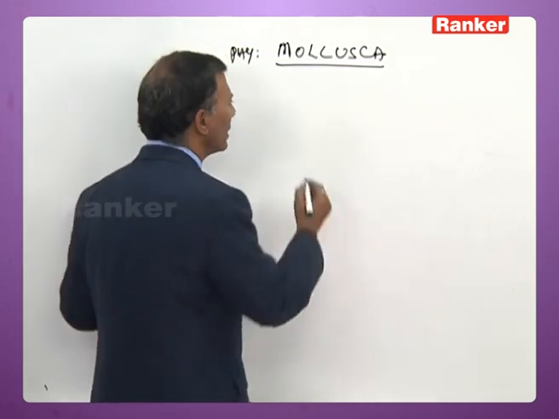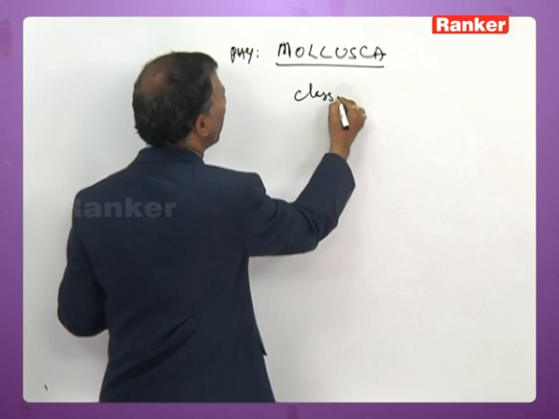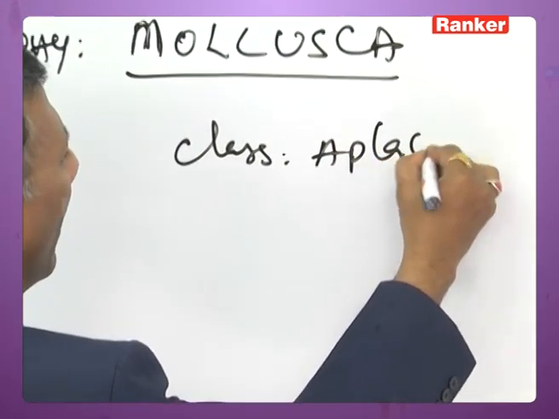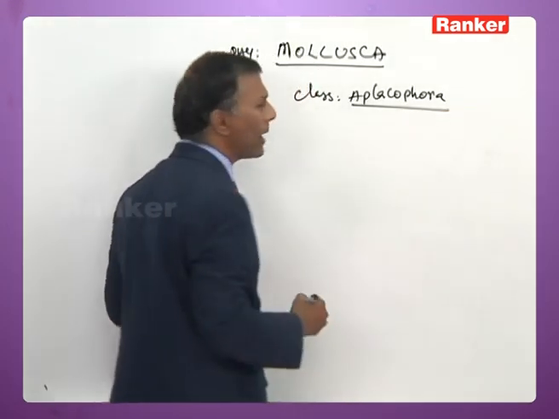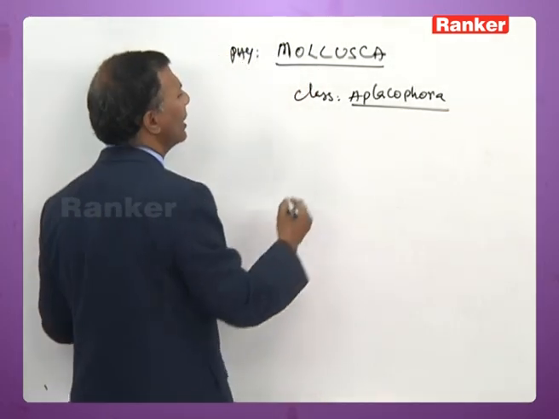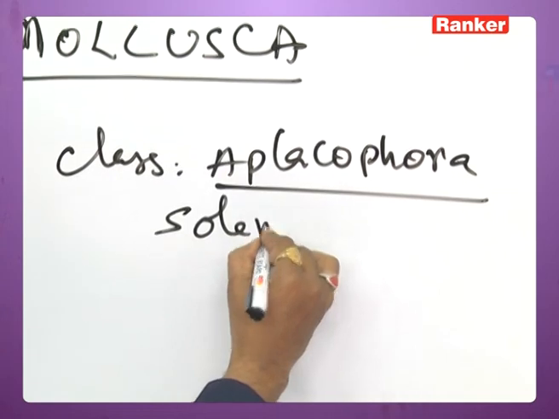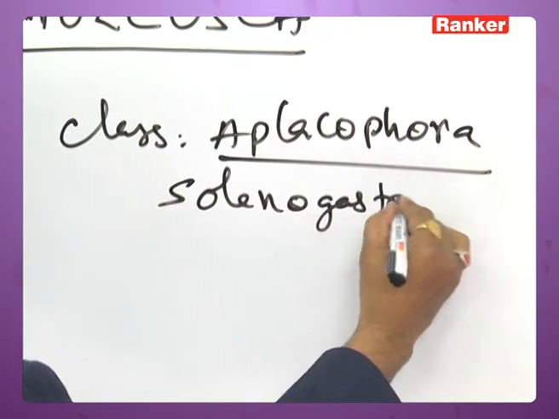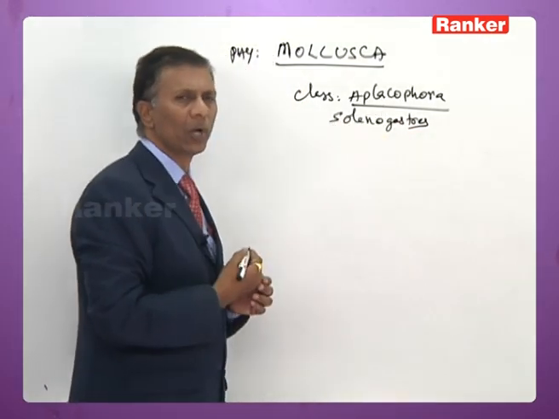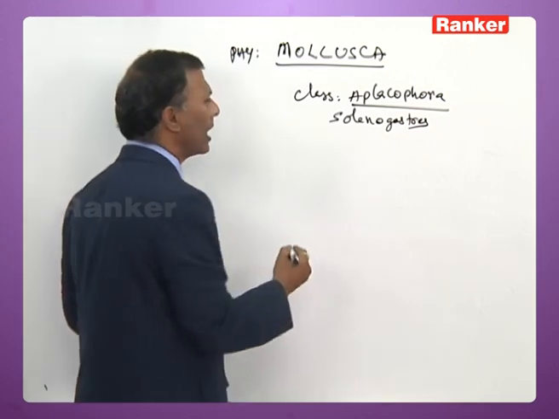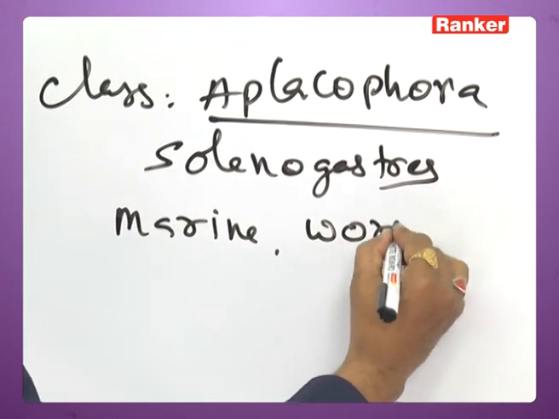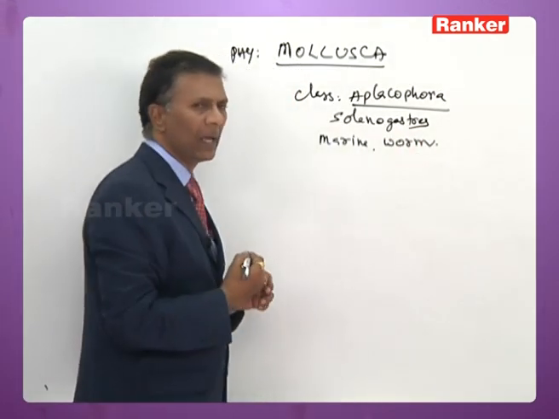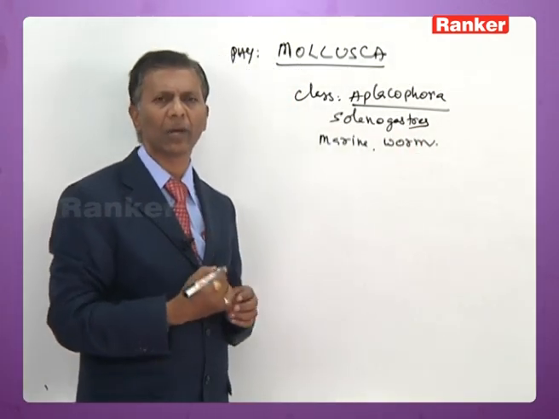To start with, class Aplacophora. Aplacophorans are also called solenogasters. They are marine, cylindrical, worm-like molluscans.